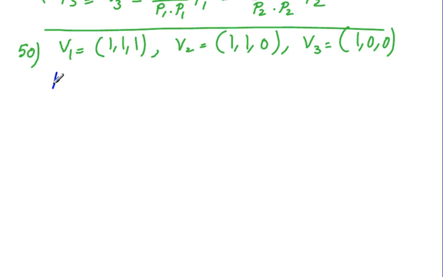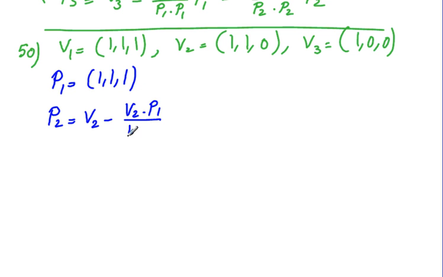So who is P1? 1, 1, 1. Who is P2? It is V2 minus (V2 dot P1) over (P1 dot P1), times P1. What is meant by this here? That's a dot product, is that right?